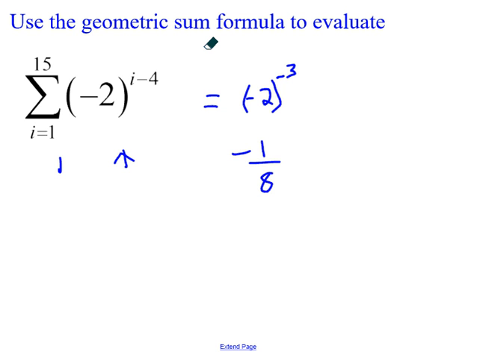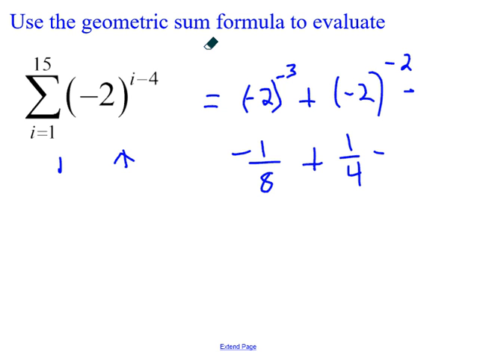When i is 2, we're going to have our negative 2, and this would be to the 2 minus 4, so now we're to the negative 2 power. So again, I raise negative 2, I square it, I get 4, but the negative exponent makes it 1/4. When i is 3, again, I'm trying to figure out what my common ratio is because I need that for my formula.